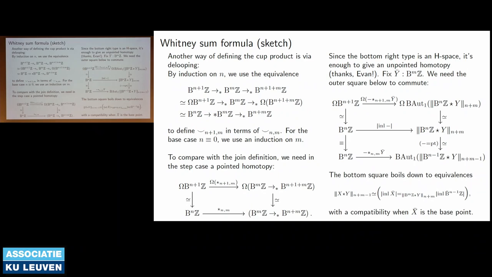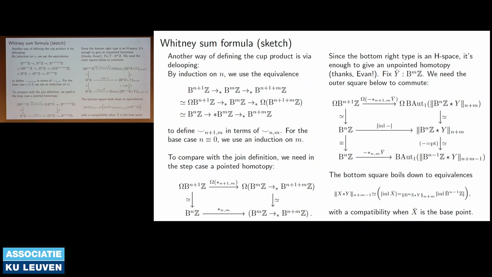And so there's a type, which should be a subscript, obviously a pointed type. So we can define cup products from n+1, m in terms of the one below by saying that it's delooping. And for the base case, we just use an induction on m. Okay, so we know that has to be the correct definition of cup products.